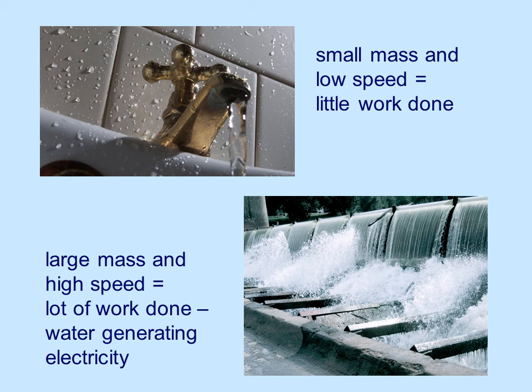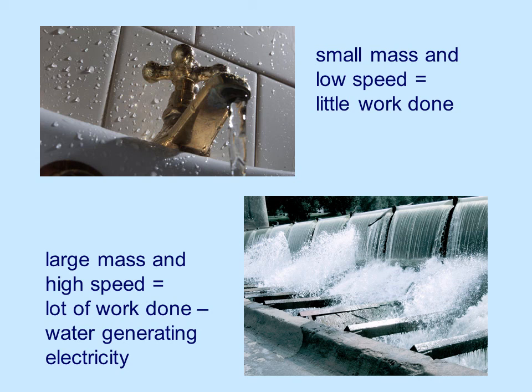Now, you can put the two together. If we have water running out of a faucet, we have a small mass, not a lot of water coming out, and we have a low speed. So we're not going to get a whole lot of work done out of that. On the other hand, if we have a large mass, a lot of water flowing in a river, for example, and a high speed, we can do a lot of work.